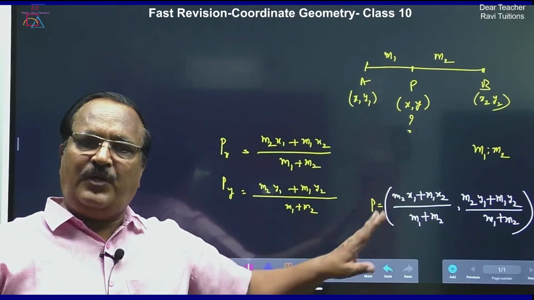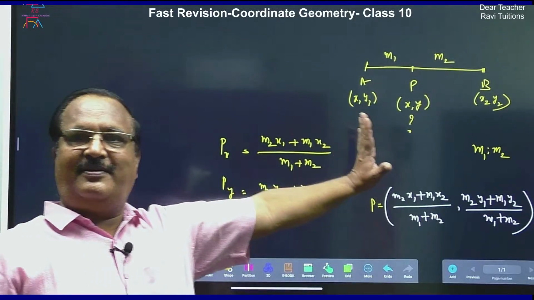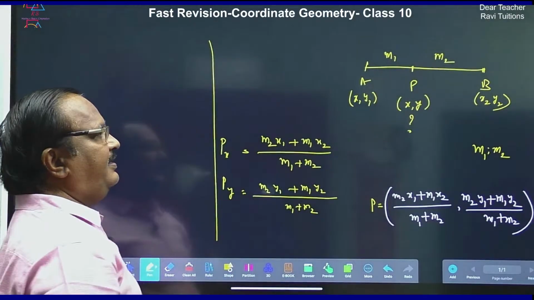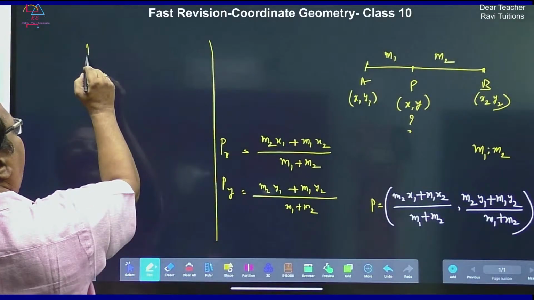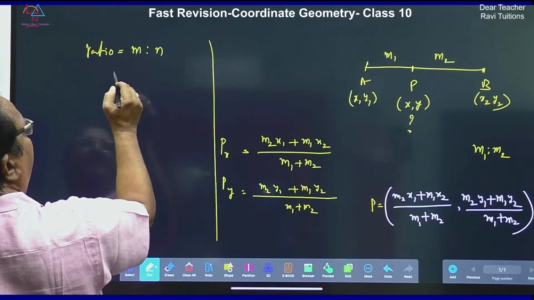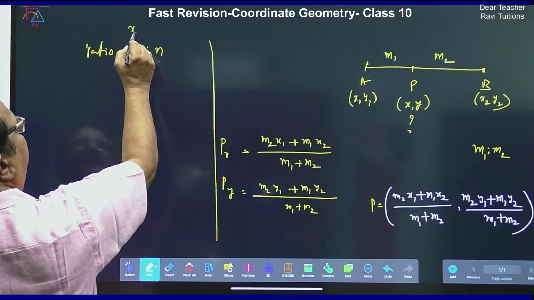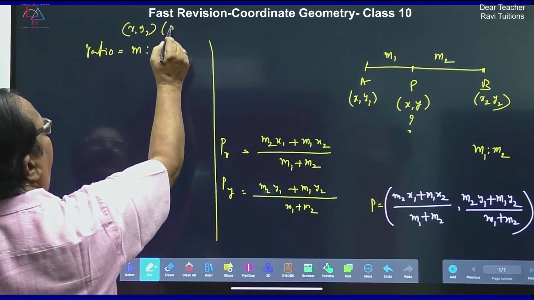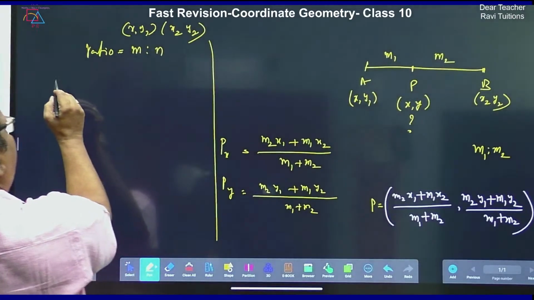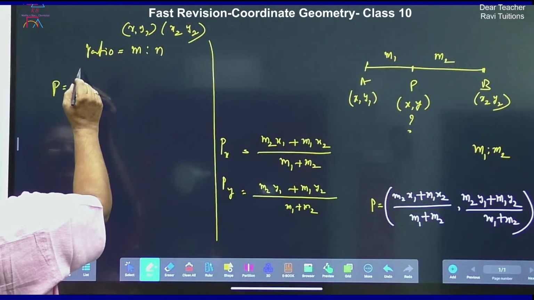To practice this formula, you change everything. That means the ratio you change. Ratio is equal to, you write m is to n. The points keep as they are, x1 y1 and x2 y2. Then what happens to p?